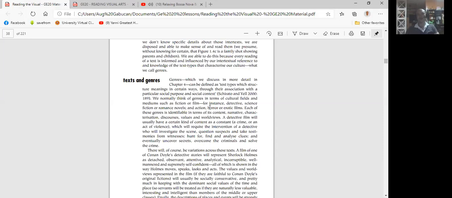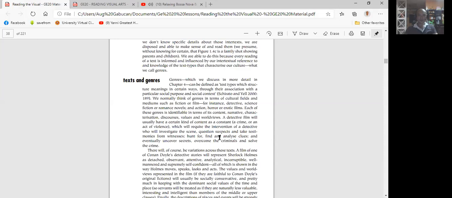Normally we think of genres in terms of cultural fields and mediums such as fiction or film. We can say, for instance, that this movie is a detective movie, or science fiction, romance, action, horror, or erotic film. Each of these genres is identifiable in terms of its content, the narrative, the characterization, the discourses, values, and even the worldviews.